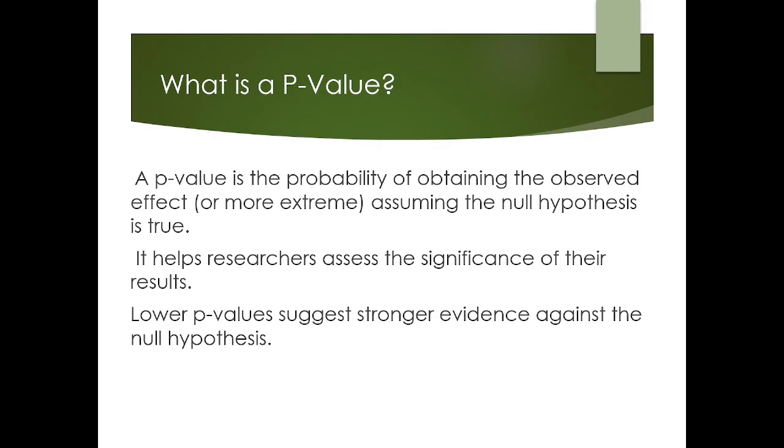Now, p-value helps researchers assess the significance of their results. That is, it helps us know if there is actually a significant relationship between the variables being tested. There is a rule for p-value that generally states that the lower the p-value, the stronger the evidence against the null hypothesis.